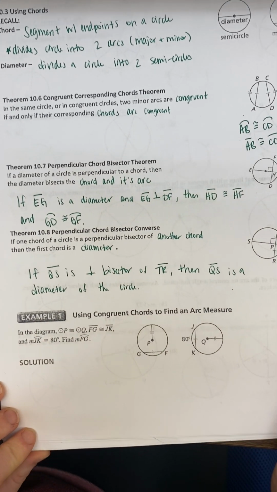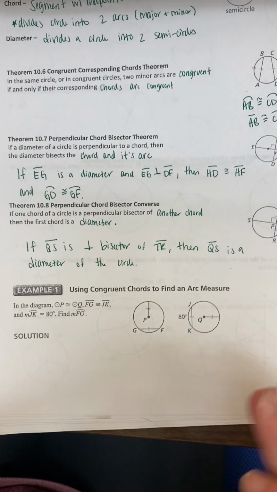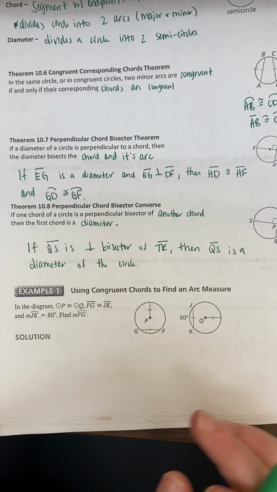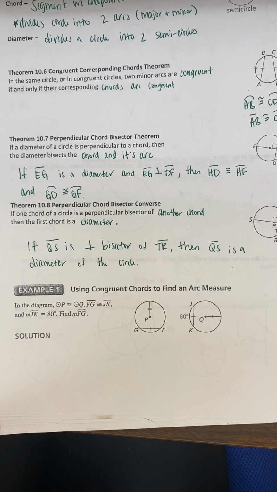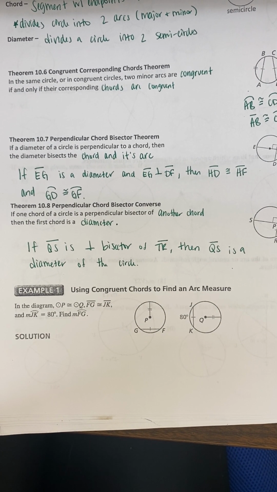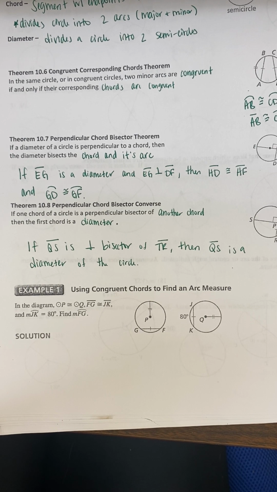Okay. All right, so looking at example 1, let's do some actual problems here. In the diagram, circle P is congruent to circle Q, segment FG is congruent to segment JK, and the measure of arc JK is equal to 80 degrees. Find the measure of arc FG. I know that FG is congruent to JK, so the arcs also have to be the same.